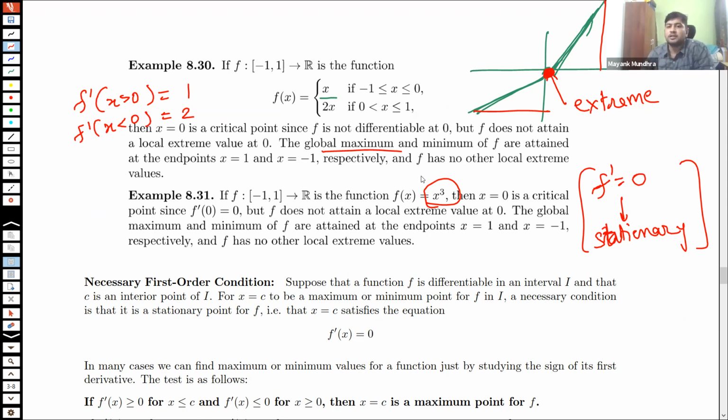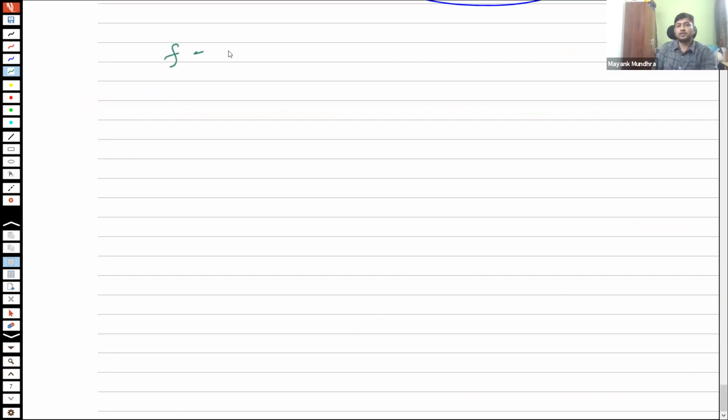So for f of x equals x cube, I know that f prime equals 3x square, which is 0 at x equals 0. So I would like to think that this function maybe achieves some sort of maxima or minima here.